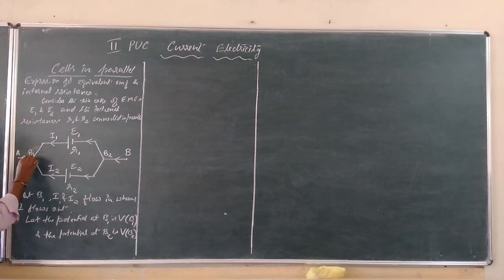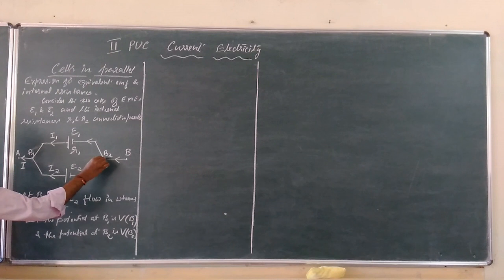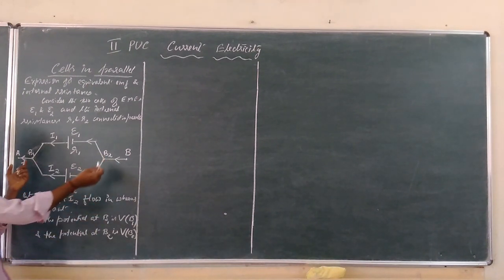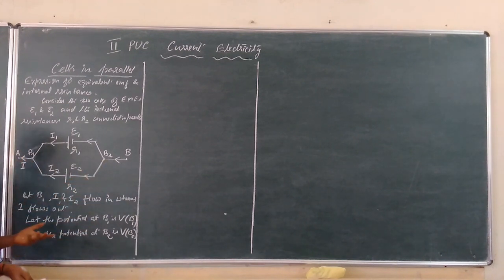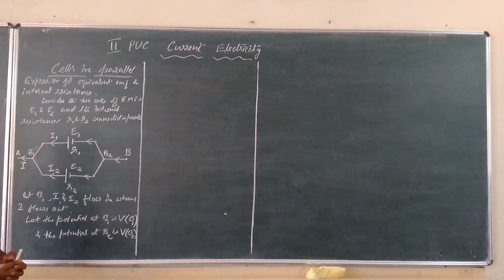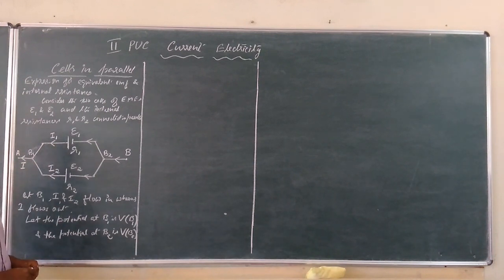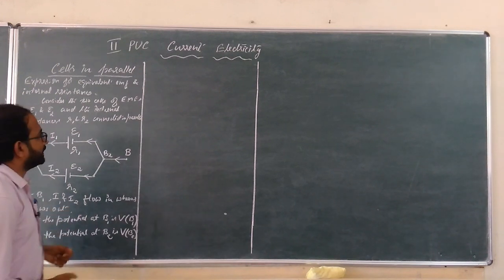Okay, so here the potential is VB1 and here the potential is VB2. Now if I calculate the potential difference between these two points, it is called the terminal potential difference across each cell, because they are connected in parallel. Therefore, the terminal potential difference appearing across the first cell is equal to the terminal potential difference appearing across the second cell.